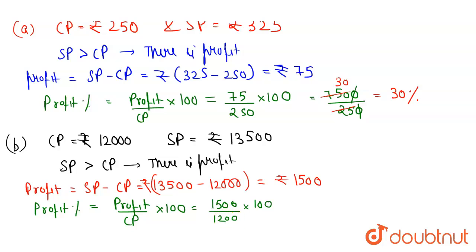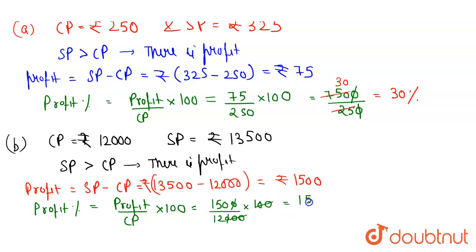Here you can see that the 0 gets cancelled out with this, and 10 is cancelled out with this.